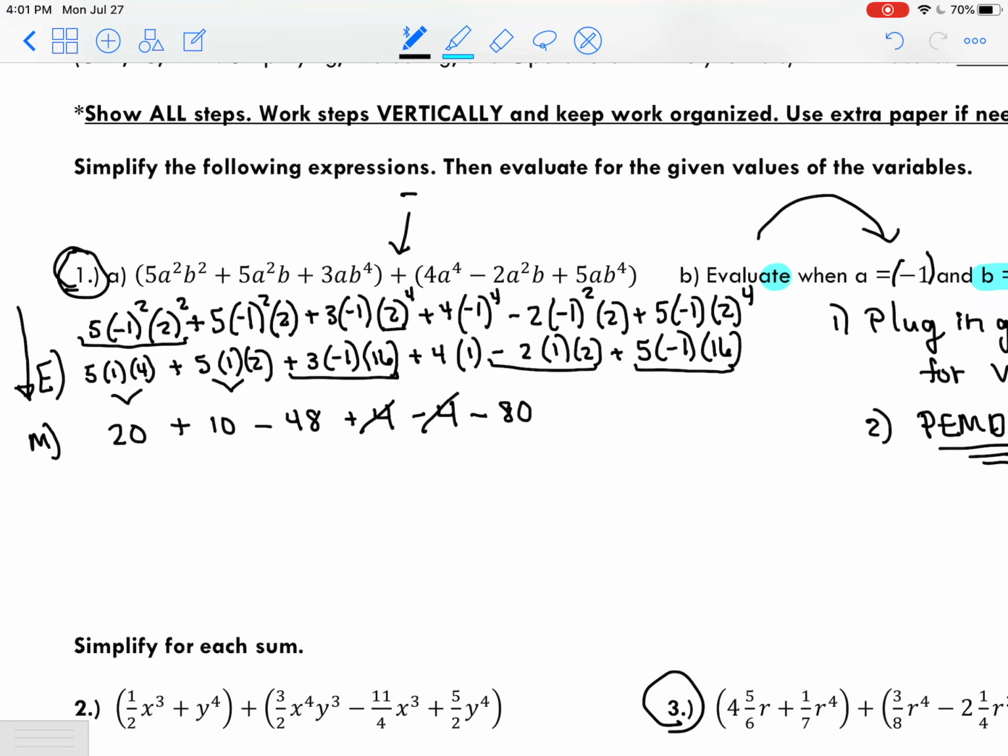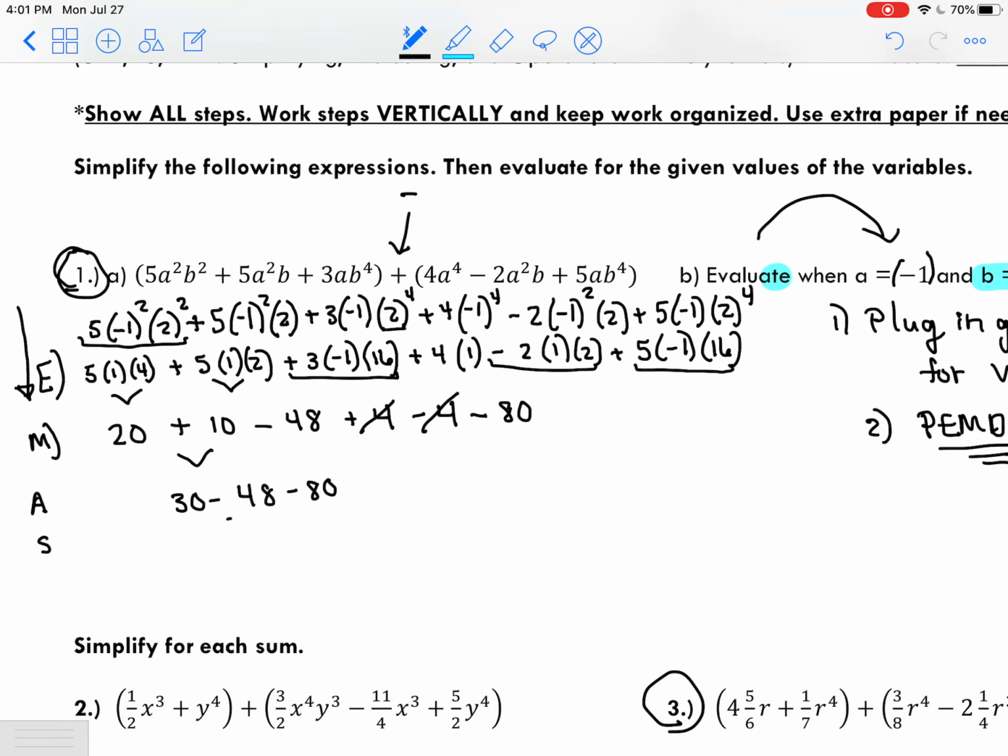And I can go back and look and see what can I take out of here. I don't need these 4's anymore because plus 4 minus 4 gives me 0. So I'll just work left to right just so that I am dealing with the addition and subtraction in the right manner. 30 minus 48 minus 80.